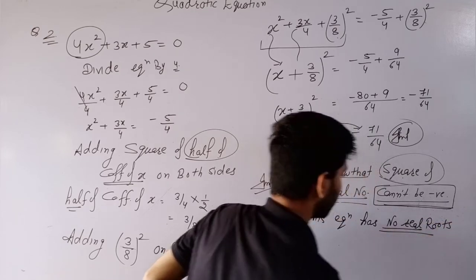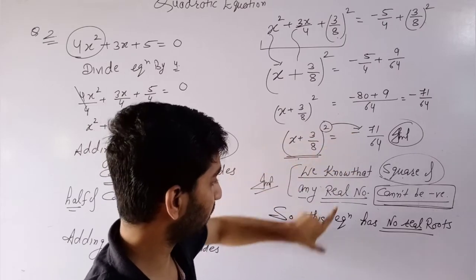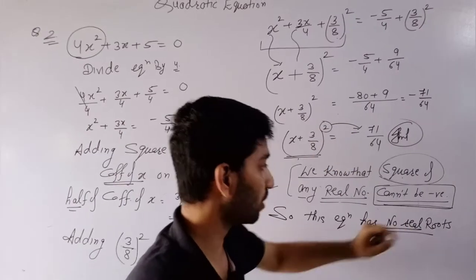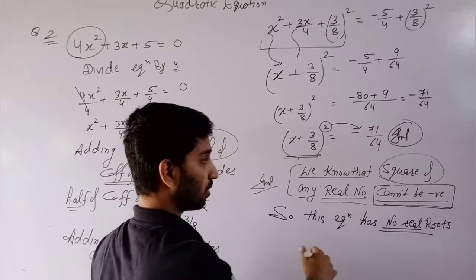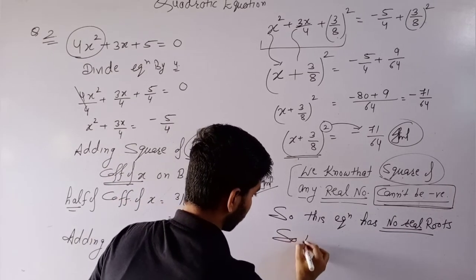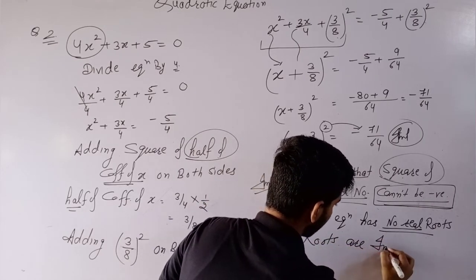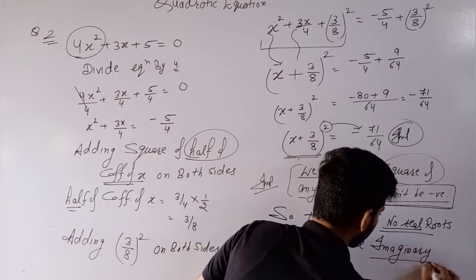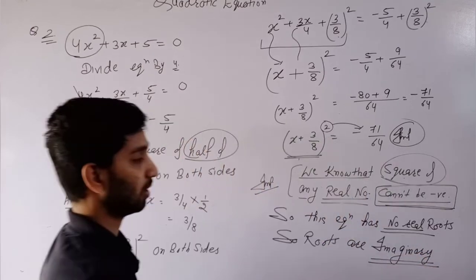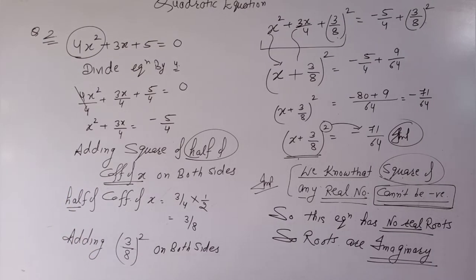ये इंपॉर्टेंट है कि जो स्क्वायर है उसका आंसर नेगेटिव आ गया, इट मीन इसका कोई भी रियल रूट नहीं है, no real roots. So the roots are imaginary. और इमेजनरी रूट अपने इस सिलेबस में फाइंड नहीं करने, वो अपने हायर क्लास में फाइंड करेंगे.